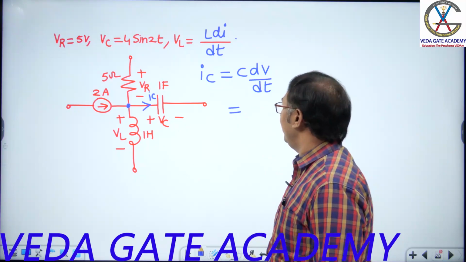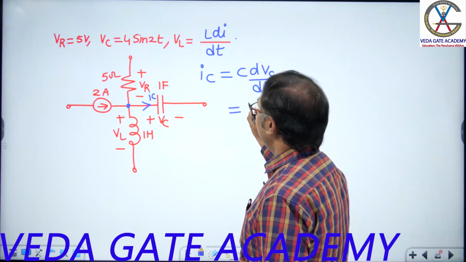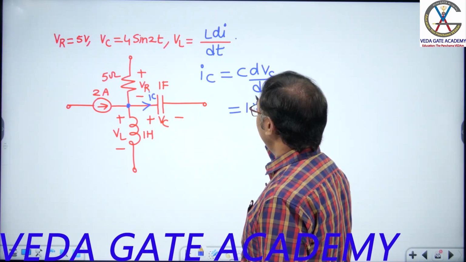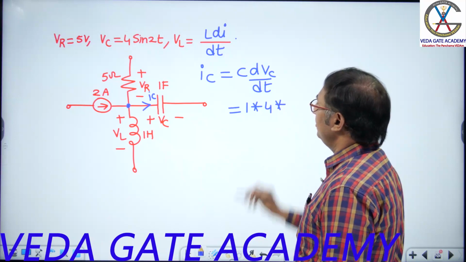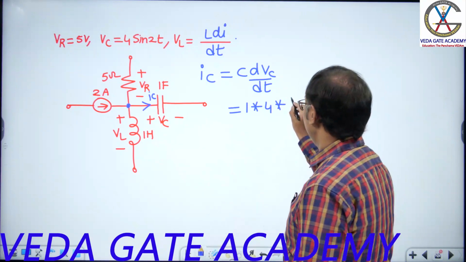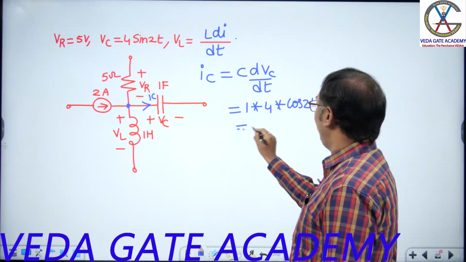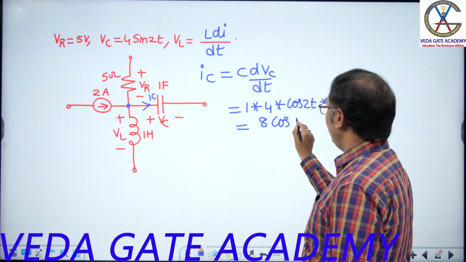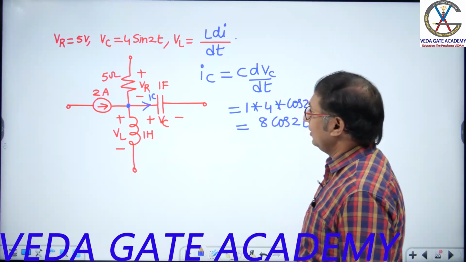C value is 1, into the derivative of 4 sin 2t, which is 4 into cos 2t into another 2. Therefore, 8 cos 2t. So we got this current.